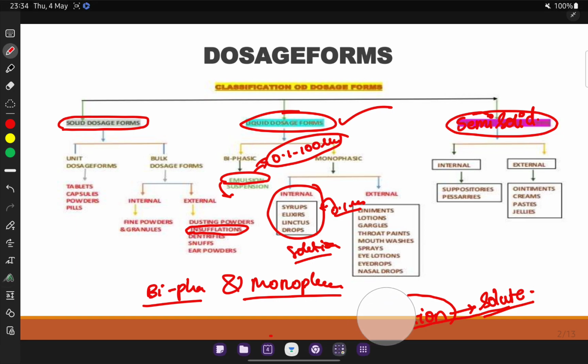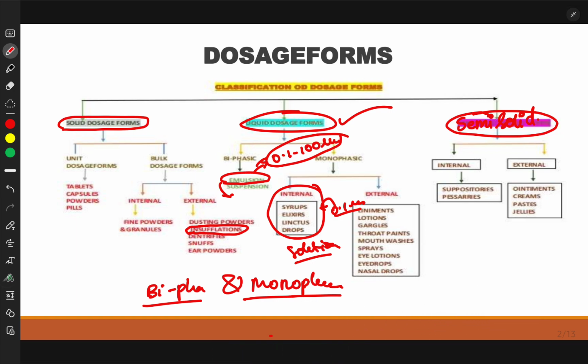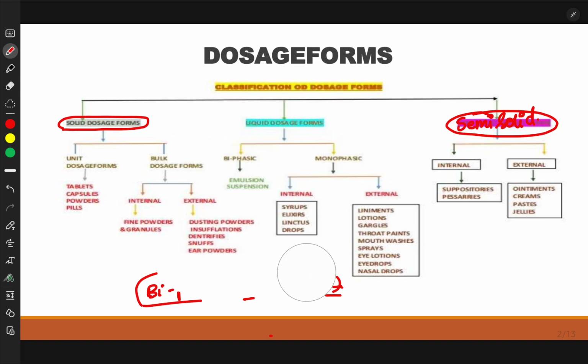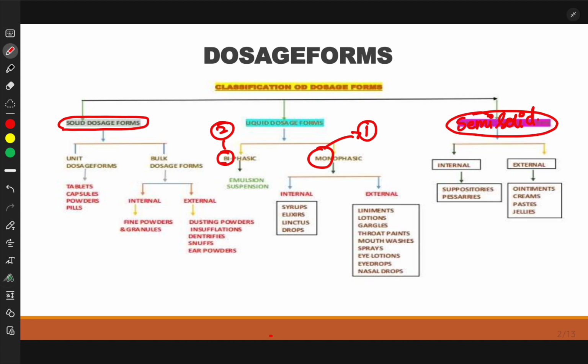I think you now understand solutions. Then we will come to biphasic and monophasic liquid dosage forms. Bi means 2, mono means 1. Like I said earlier, by just decoding the name, we understand the complete concept of the topic.